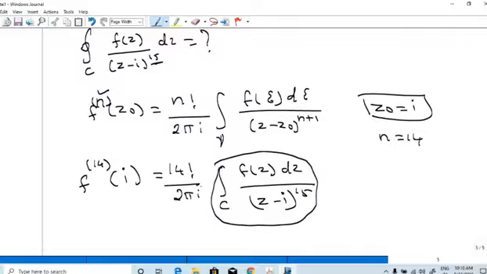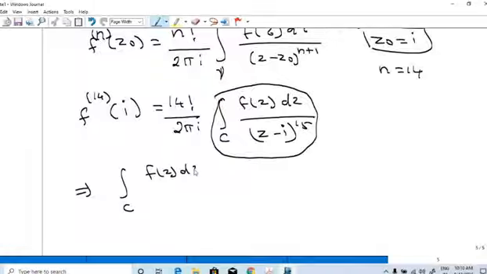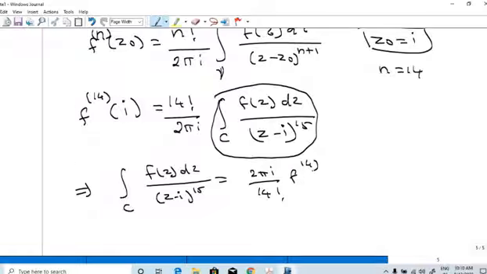Just cross multiply this term. Therefore, the integral over the curve of f of z dz by (z minus i) power 15 is equal to 2 pi i by 14 factorial times the 14th derivative of f at i.